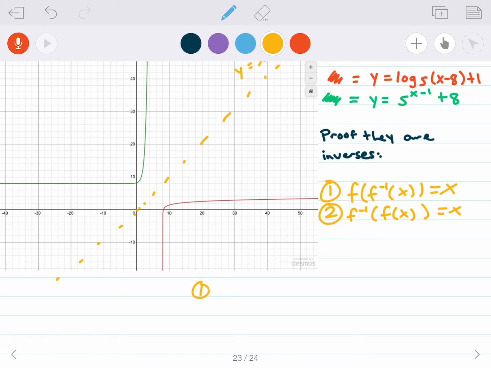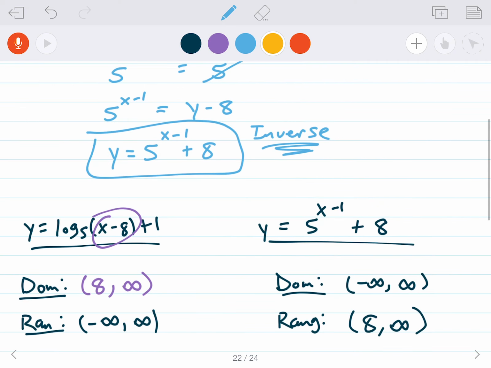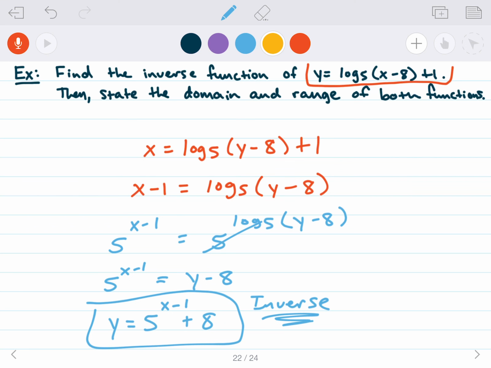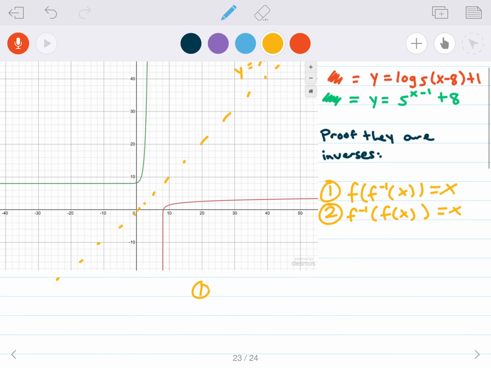So, okay, so actually we started with this as our regular function. So this is f. Again, it doesn't really matter which one you call f and which one you call f inverse, but just be consistent. So we're plugging in 5 to the x minus 1 plus 8 into x for f, okay?